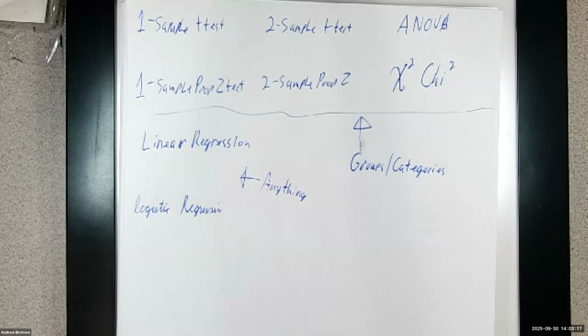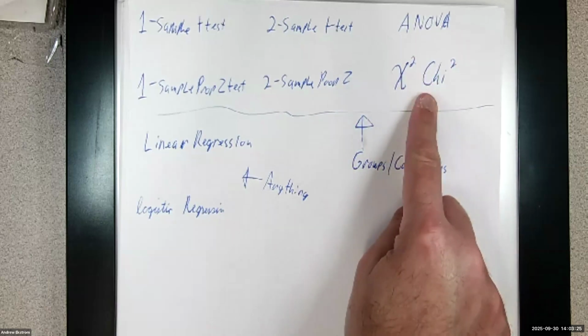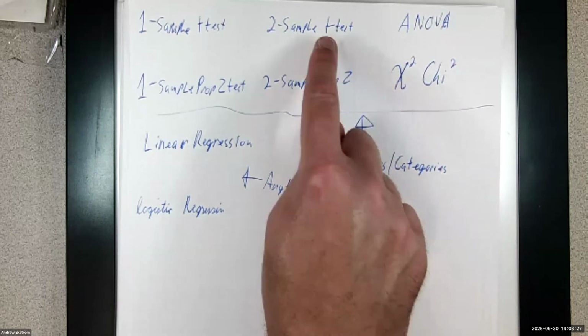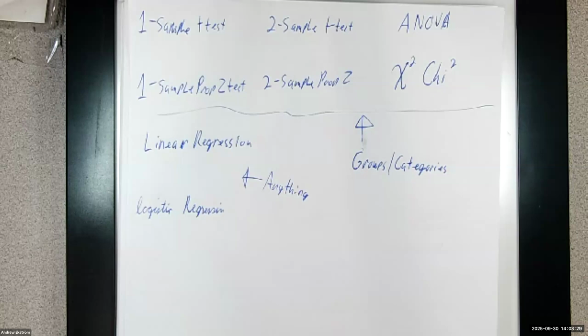So if we're thinking about what's going on here, these two methods can actually do exactly the same thing as ANOVA and the chi-squared, as well as the two sample t-test and the two sample prop z tests.